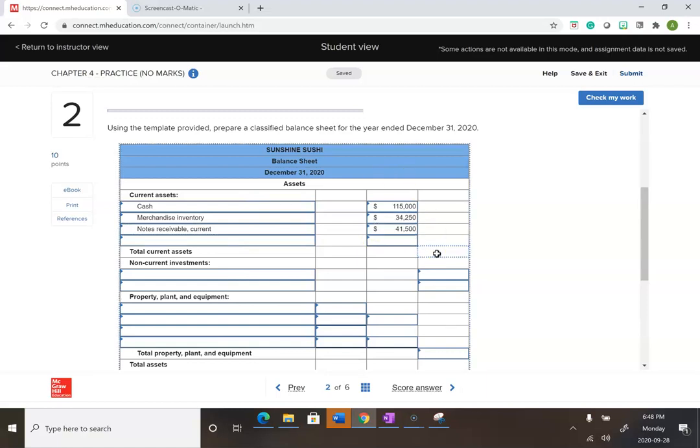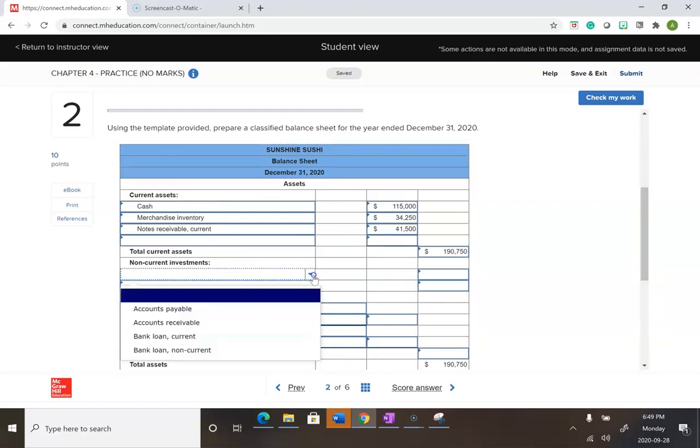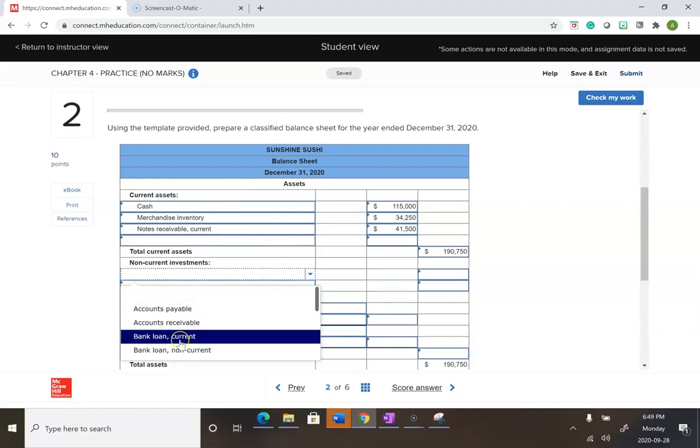Now what we need to do is total all of our current assets. So add the 115,000 plus 34,250 plus 41,500, and that gives me 190,750. Now the total non-current investments, so we're not talking about the equipment or anything like that, that's the long-term notes receivable.